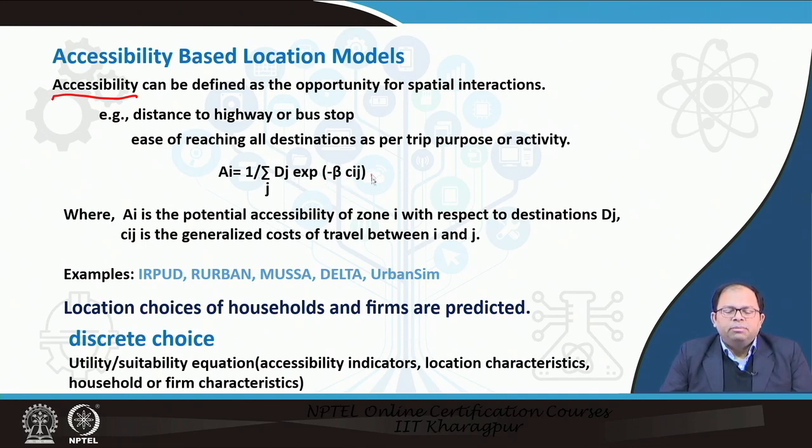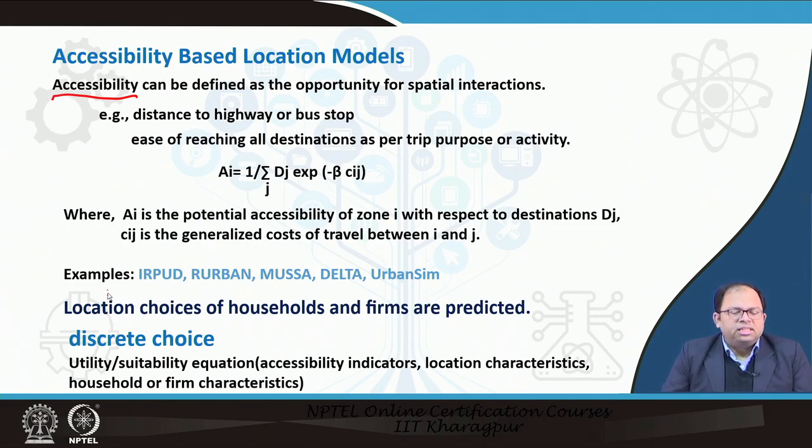This formulation is similar to what we saw in the earlier slide as well. So this concept of accessibility has been incorporated in several urban land use transportation model systems such as IRPUD, Rarban, Musa, Delta and UrbanSim. These are again big urban land use transportation modeling systems, and this concept is actually applied in them.